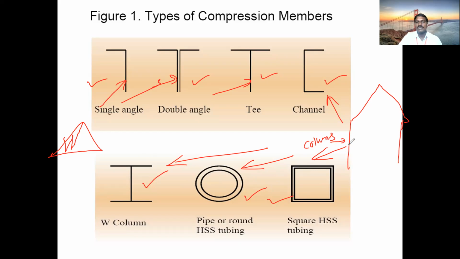So all this we can use as a column, and only angle, double angle and T we can use in the truss. Are you getting which member where we have to use? ट्रस मध्ये जे कॉम्प्रेशन मेंबर आहे त्याच्यासाठी आपण सिंगल अँगल, डबल अँगल, टी सेक्शन यूज करतो. आणि कॉलम की होल आपल्या स्ट्रक्चरला जे सपोर्ट करणारा व्हर्टिकल मेंबर आहे, दिस इज द व्हर्टिकल मेंबर. सो दिस व्हर्टिकल मेंबर we can use as a channel section, I section, round tube or square tube. Got it?